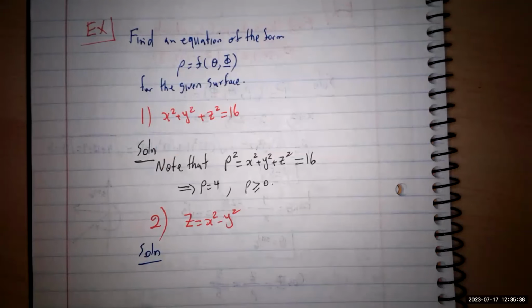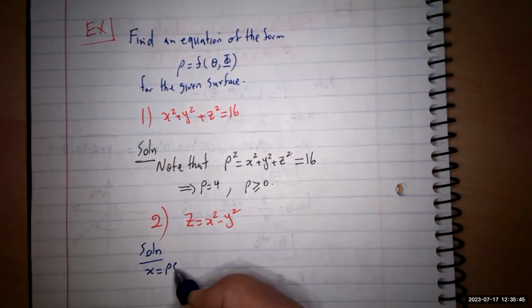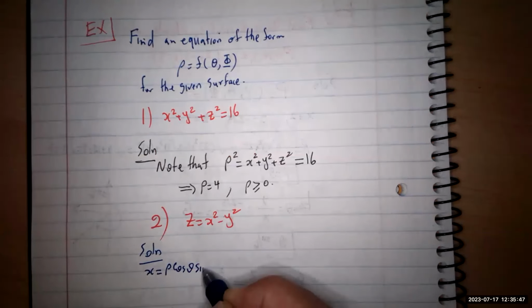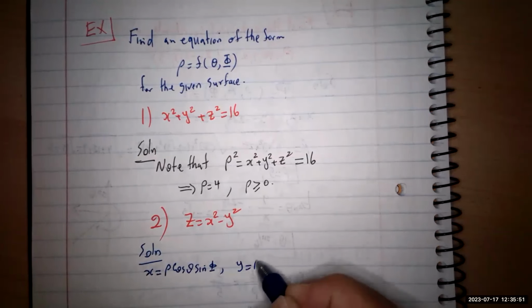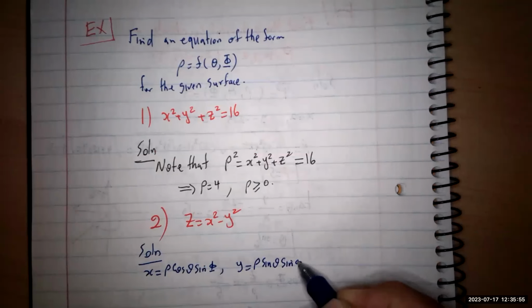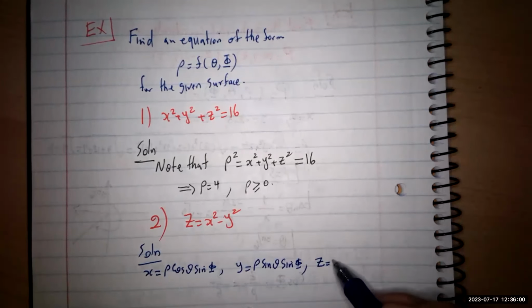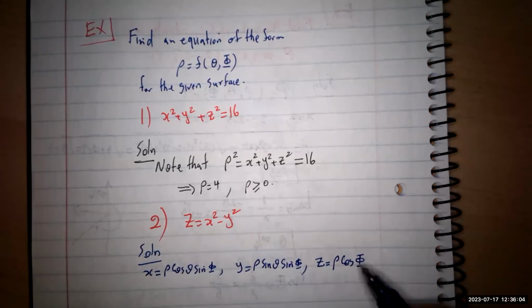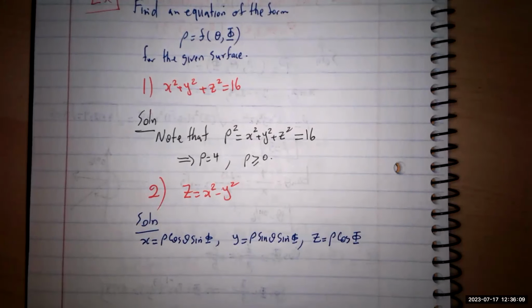You substitute x equal to, remember, rho cosine of theta sine of phi, and you get y equal to rho sine of theta sine of phi, and you get z. Z is what? Rho cosine of phi. This is the formula that you have for this part.